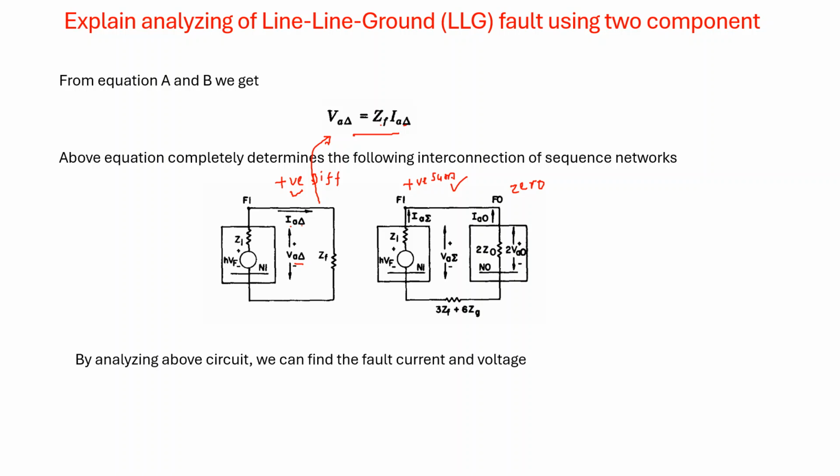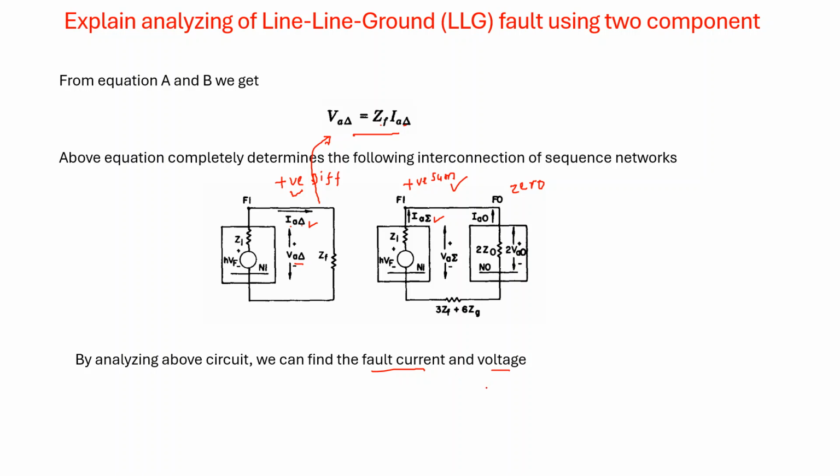By analyzing these circuits, if you find I summation or I naught, or if you find I delta, by analyzing these two circuits we can find the sequence currents and then we can find the fault currents. And also we can find the fault voltages. So this is how we can analyze the line to line ground fault using the two component method.